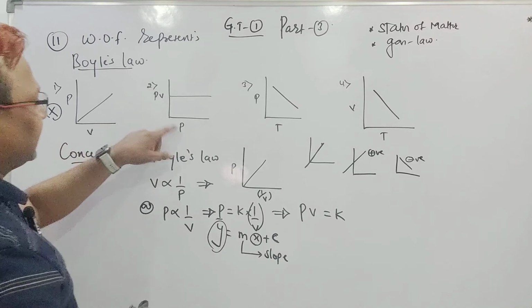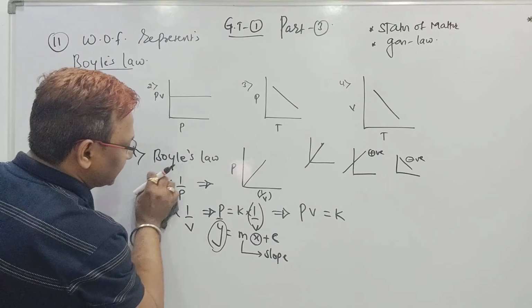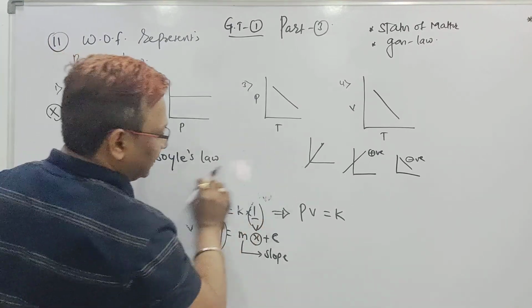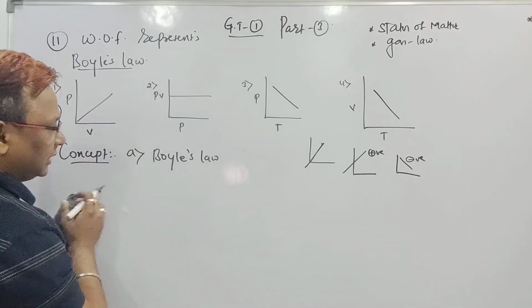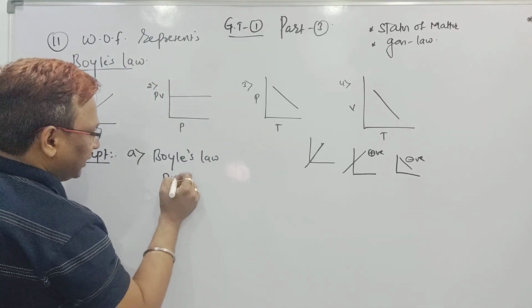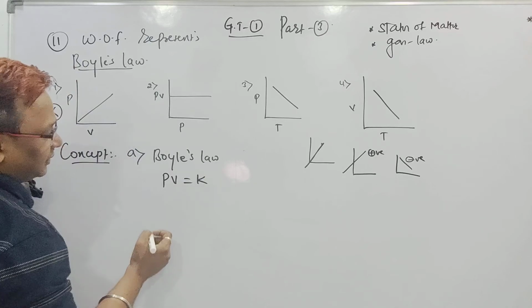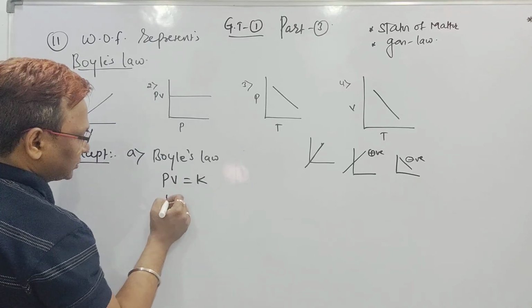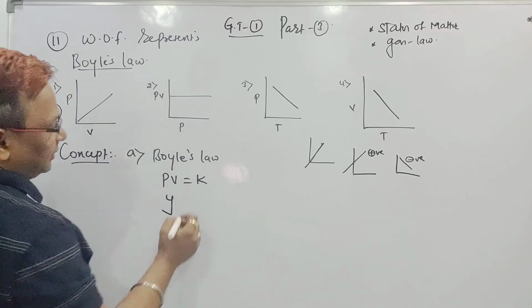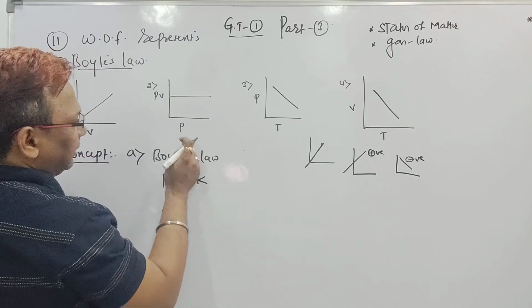Second part, PV against P, we'll check it. Where is the PV against P graph? I'll tell you. Just now we wrote the equation PV equal to K. Now make one thing: PV is on the y-axis, yes, sir. And P they wrote on the x-axis.